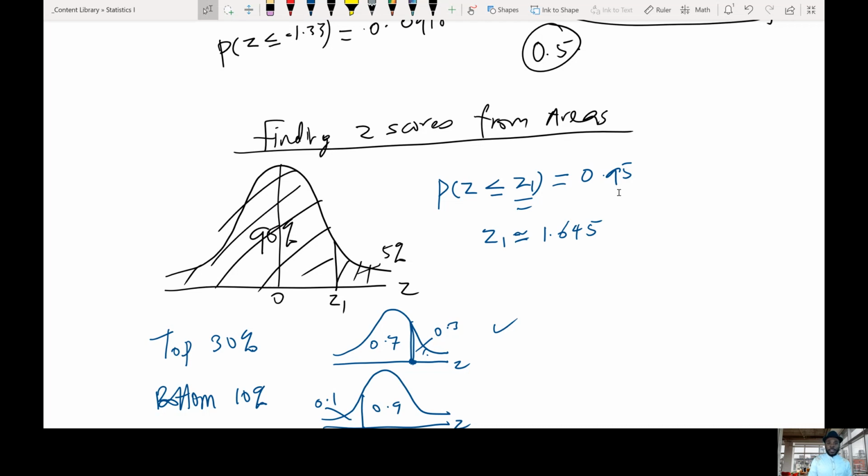So what we've learned so far in this video is the standard normal distribution, how to find the probabilities from the standard normal distribution using the Z-score, and how to use a calculator, how to use a table, how to use Minitab.